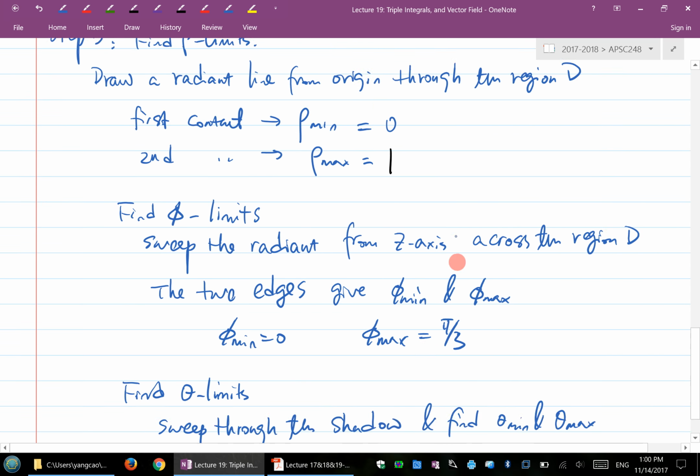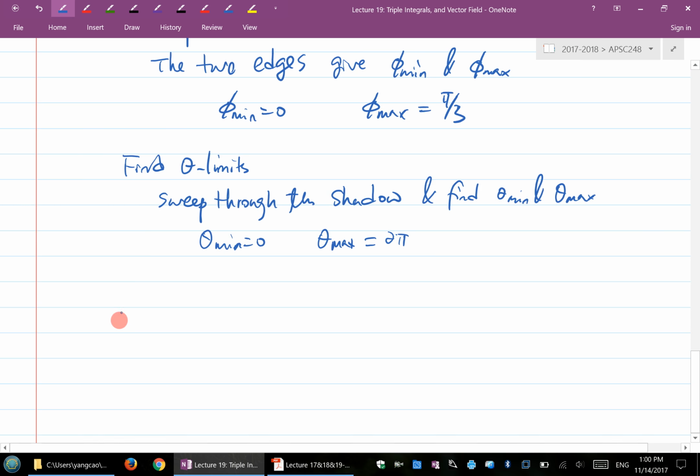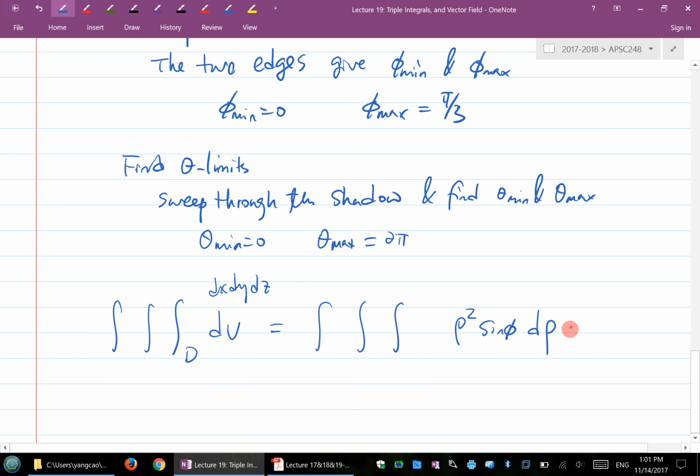Now you can lay down the setup for the triple integral. We're talking about the volume, originally just a dV. Now we are going to use spherical coordinates. dV was originally dx dy dz, but now it changes to rho squared sine phi d rho d phi d theta.